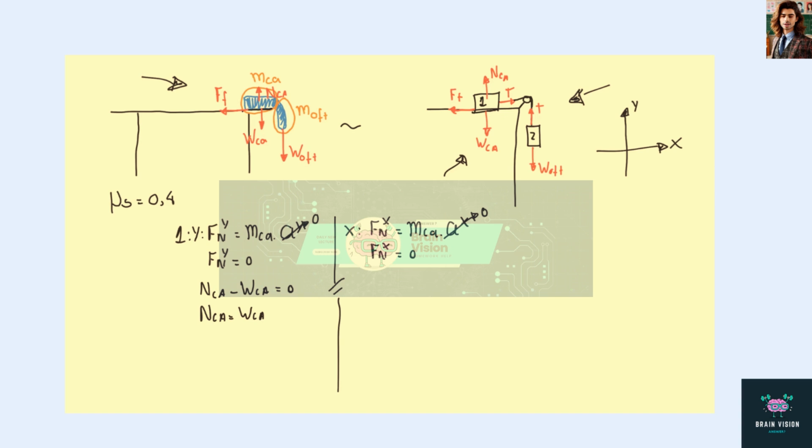But the net force in the x direction is composed of two forces, the frictional force, which points in the negative x direction, and the tension force, which points in the positive x direction. Then this tension force is equal to the frictional force. So far, what we got is the following. The normal is equal to the weight, and the tension is equal to the friction. Let me organize the board before applying Newton's second law to block number 2.